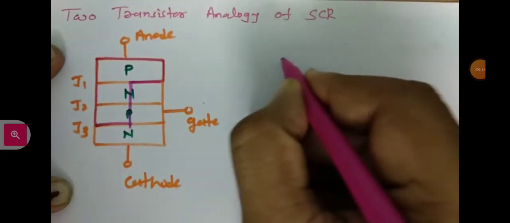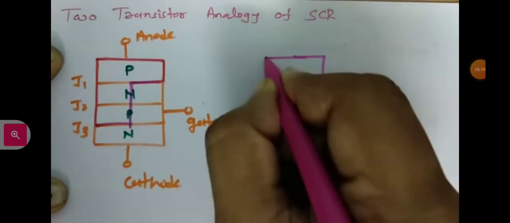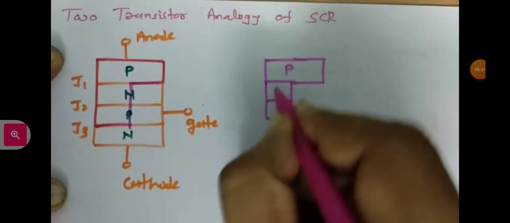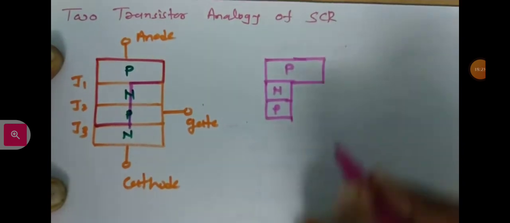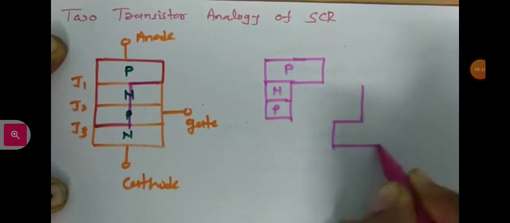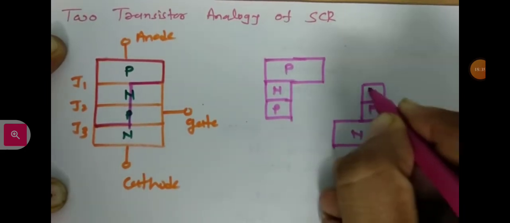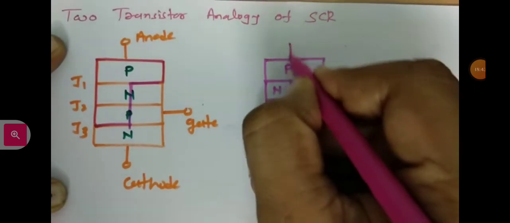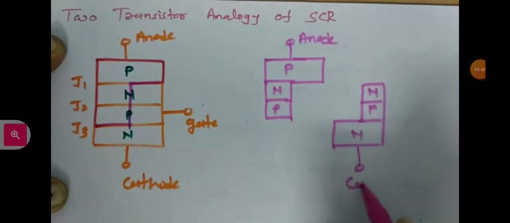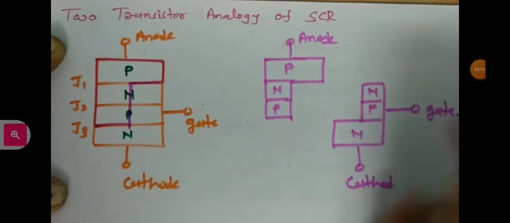So as I have told, this is one part, which is P, N, P, and the second part is N, P, N. This terminal is the anode, this terminal is the cathode, and here there is the connection of the gate.